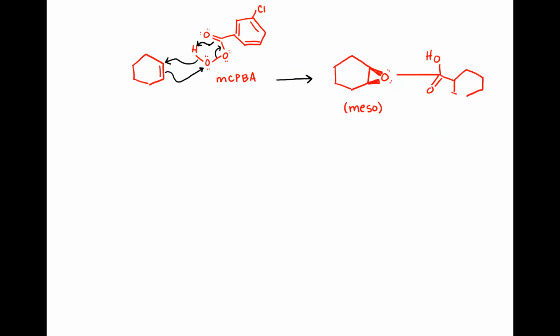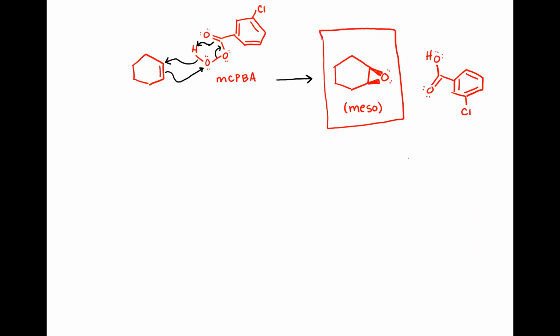And that's a solid, so it's a convenient byproduct for the reaction because you can just filter it off. I'll just redraw this bond. And so this is the product of the first step with RCO3H or MCPBA.